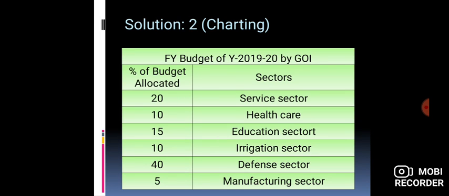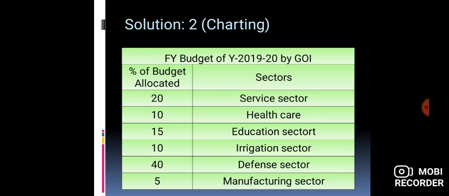Next, two columns are given. One is for the percentage of budget allocated, and the other column represents the sectors. 20% budget for service sector, 10% for healthcare, 15% for education sector, again 10% for irrigation sector, 40% for defense sector, and 5% for manufacturing sector.